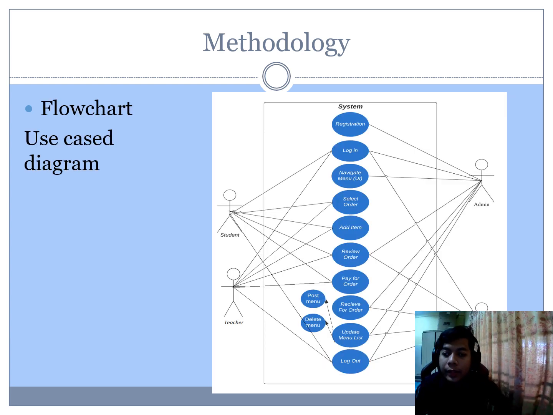Okay, here are the flowchart and the use case diagram. As we can see here, we have four actors: student, teacher, admin, and canteen operator. The student and teacher don't need to register for an account since the account will be registered by the admin.